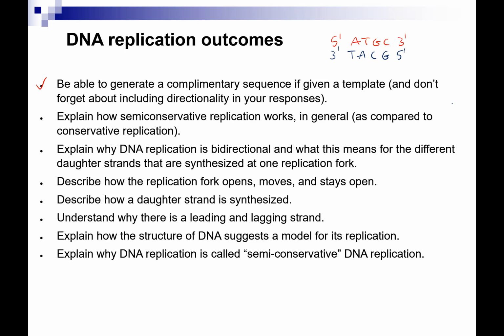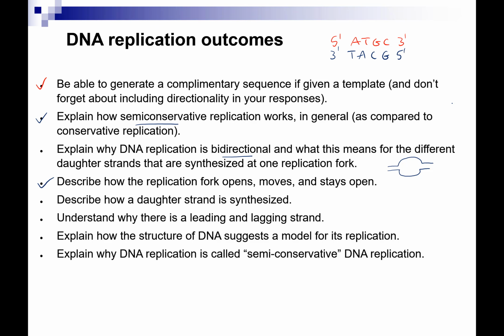Explain how semi-conservative replication works. We've talked about that. Know the experiments. That's in a different online lecture. We've talked about bidirectional and what this means for the different daughter strands that are synthesized. So remember, take a look at this image where you have both leading and lagging. I can guarantee there'll be questions like that.